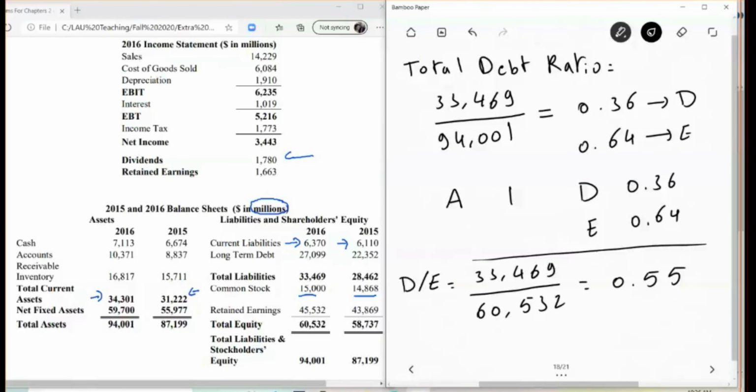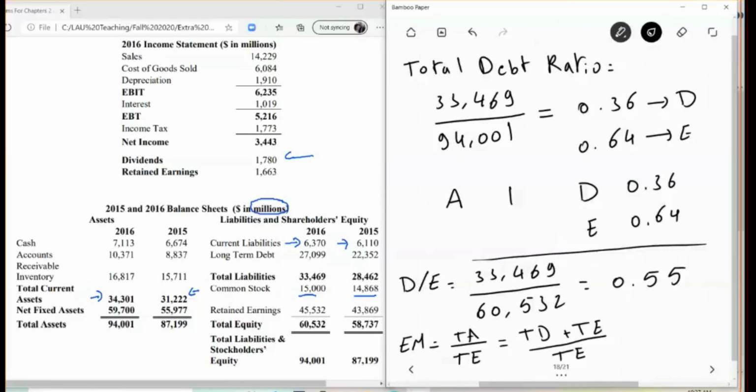Then I have the equity multiplier. The equity multiplier equals total assets divided by total equity, which is equal to total debt plus total equity divided by total equity.